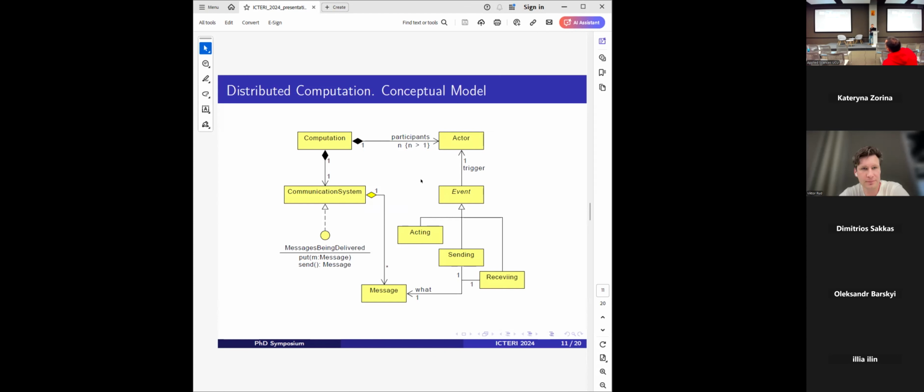And for example, some computation can be performed inside the actor, and the input of the computation arrives to the actor in messages, and then the output arrives from the actor in messages also. So some computations are performed in actors, not only in events and messages.